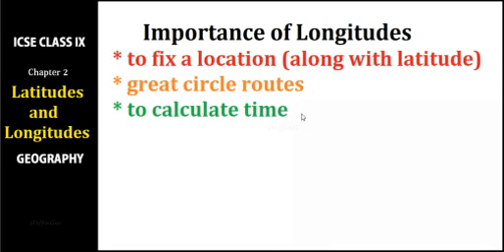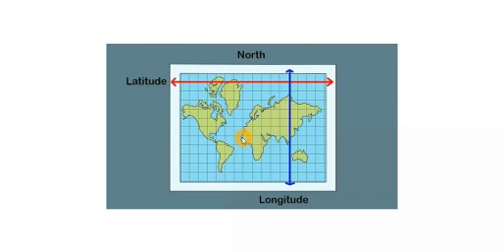Another topic in the same lesson is calculation of time. So longitude helps in calculating time also, right? These are the importance of longitudes. So this is how we fix a point or locate a place with the help of latitude and longitude. To locate any place on Earth, we need latitude as well as longitude.